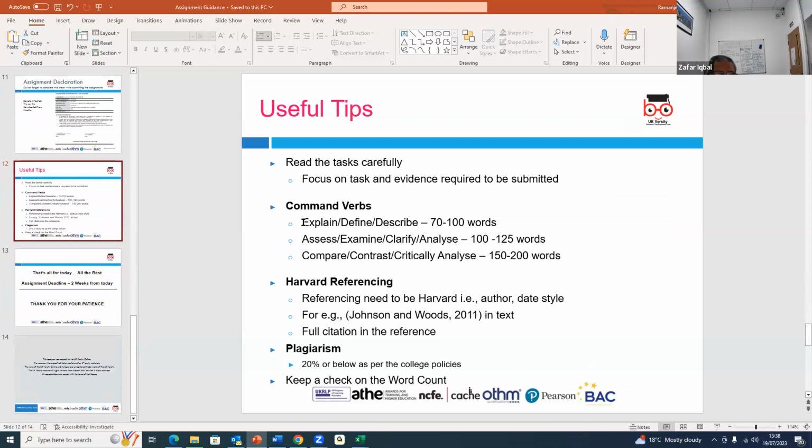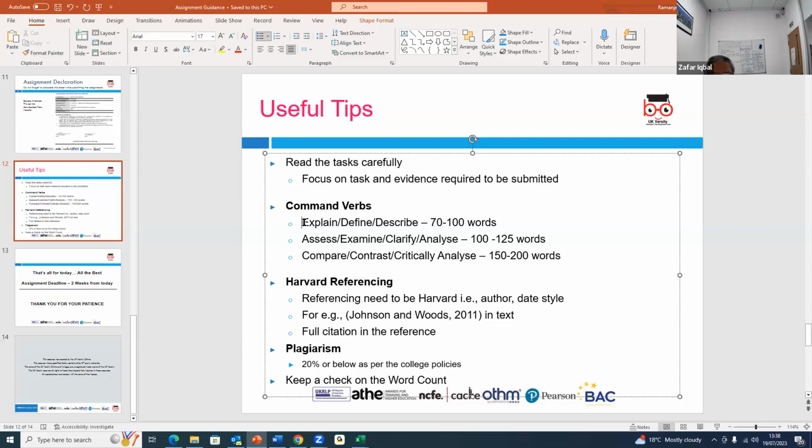For example, verbs like explain, define and describe are basic command verbs which don't require a lot of words, between 70 or 80 words up to 100, 110 words. Basically, you're describing things, you're defining in simple terms.